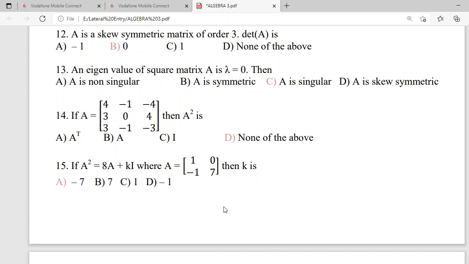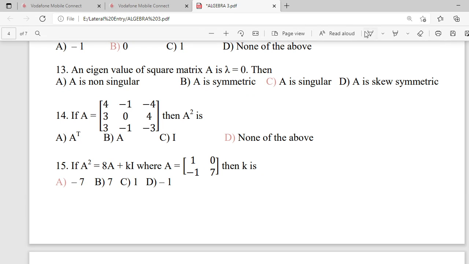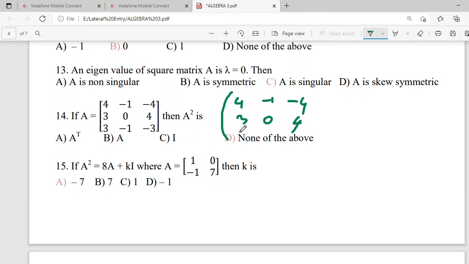Let's see what you get. A square, so A is 4 minus 1 minus 4, 3 0 4, then 3 minus 1 minus 3.